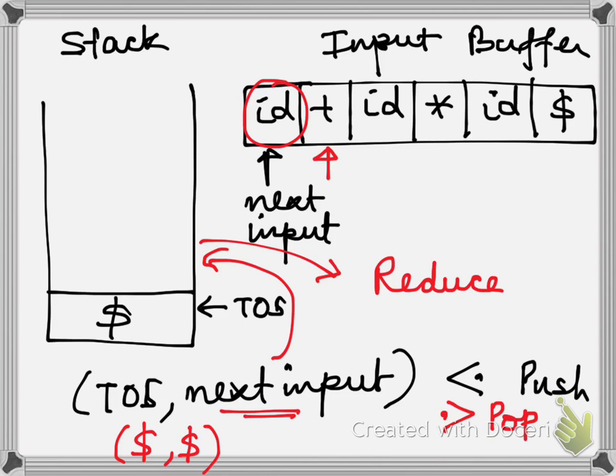So let me just clear this up. So I start with my id plus id into id and $. And this is my stack. So I start with $. This is the top of the stack. So now my pair is $, id.